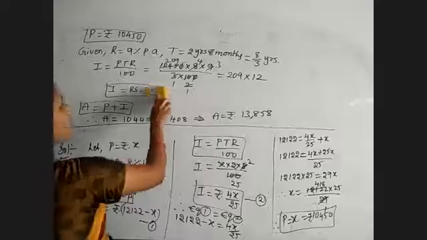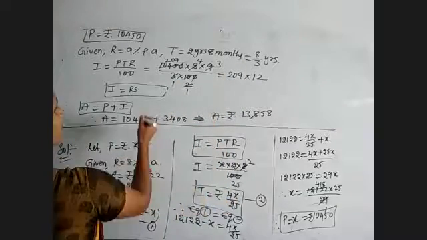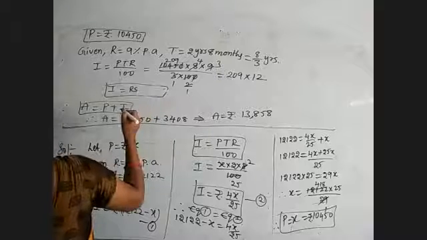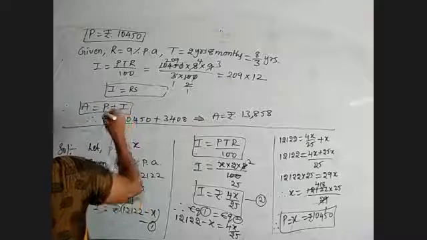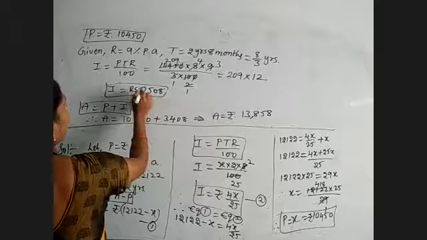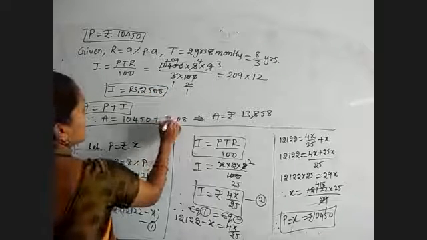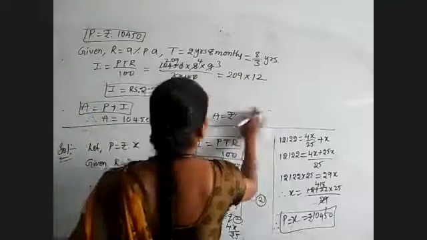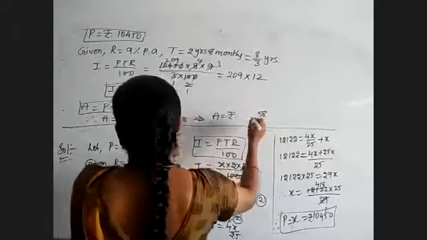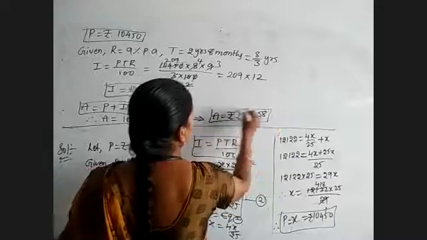Sorry, 2,508. So by multiplication, we will get 2,508. Then we will get 8, 5, 5 plus 4, 9, 12,958 will be the amount.